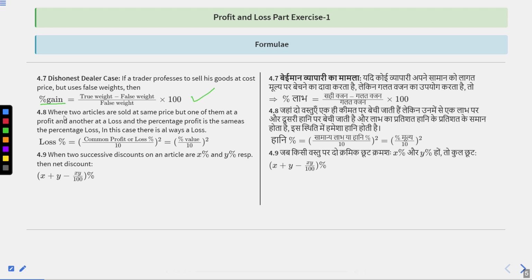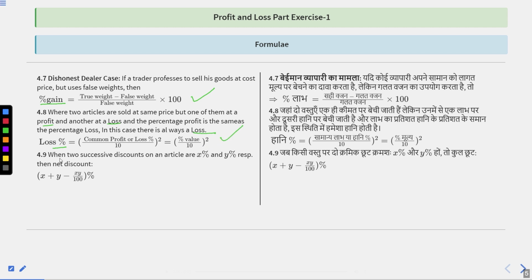In the same way, where two articles are sold at the same price, one at a profit and another at a loss, and the percentage profit is the same as the percentage loss, in this case there is always a loss. So what will be the loss? Loss is (common profit or loss percent upon 10) to the power 2, or we can say percentage value upon 10 squared, that is, the whole square.